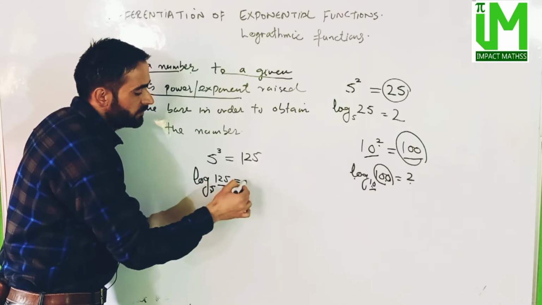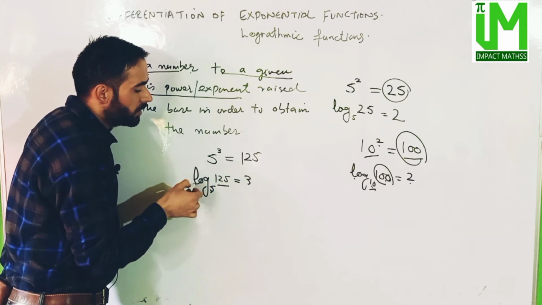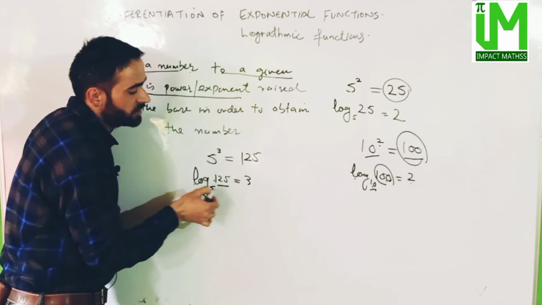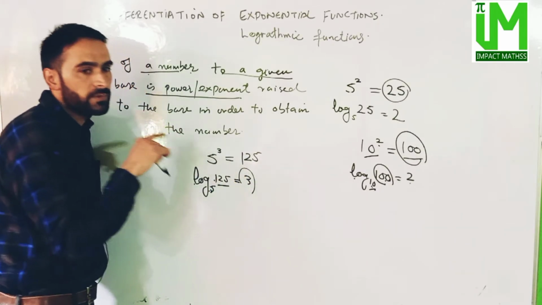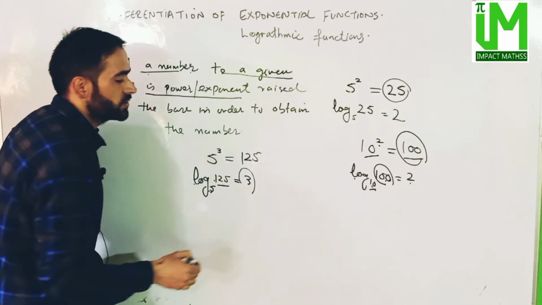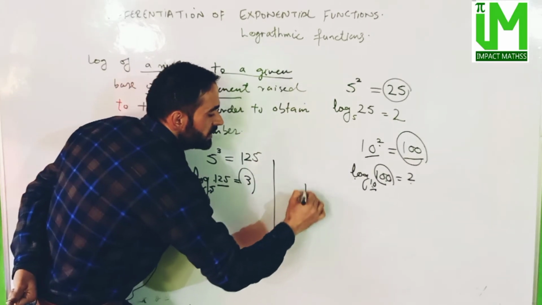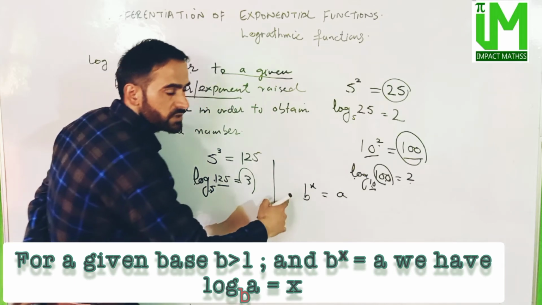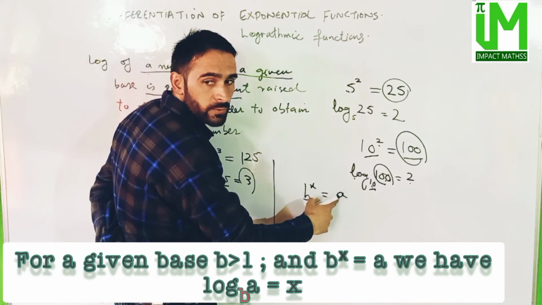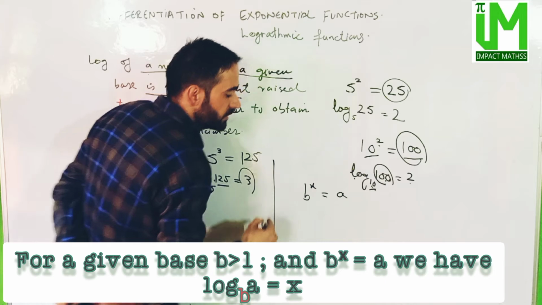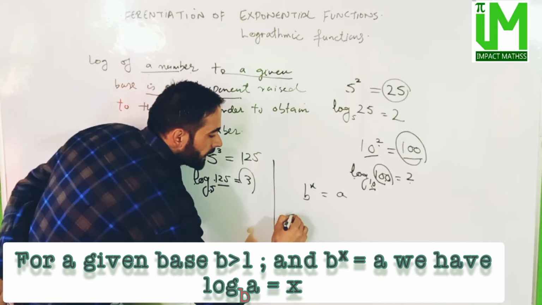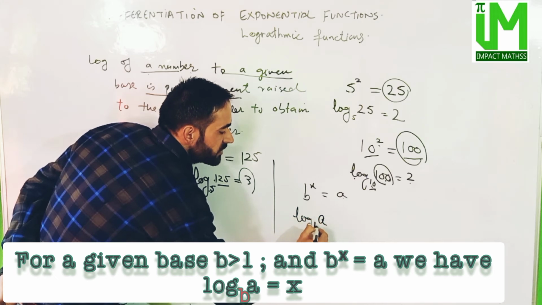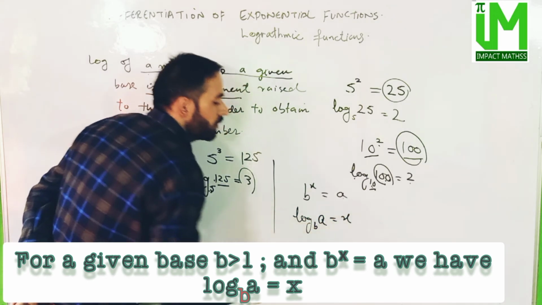It will be 3. So we write log of 125 to the base 5 is equal to 3. That means if we have an exponential function b raised to power x is equal to a, then log of a to the base b is equal to x.